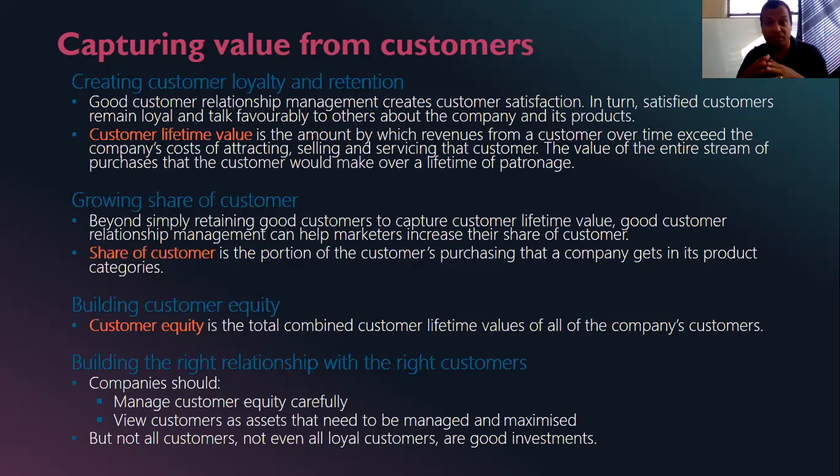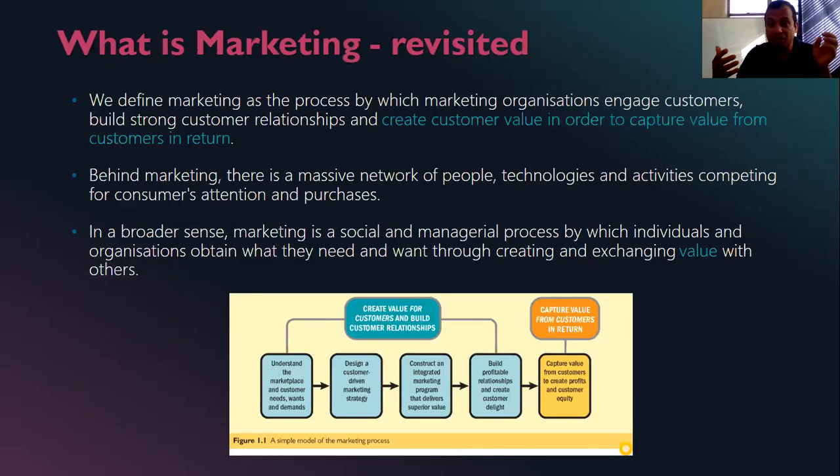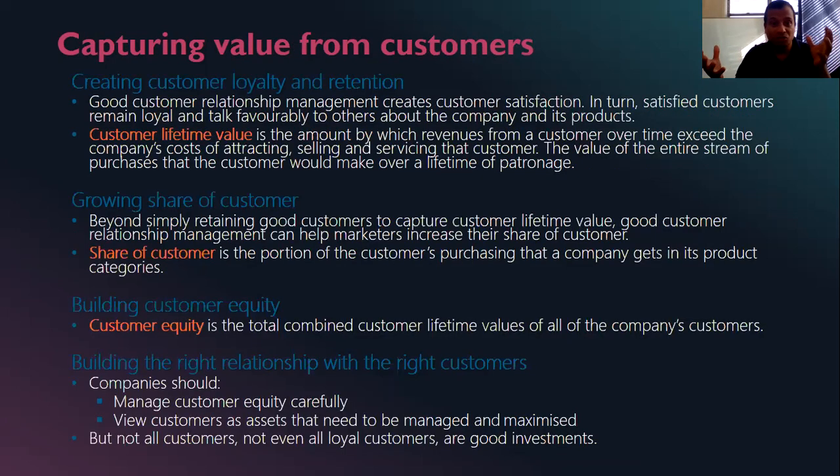I mean to say, if you have 10 different products, with each product you have the respective number of customers. Taking all those customers along with all the product lines, if you combine everything, that gives you some sense of what we term customer equity. So in order to calculate the value from the customer in return, you have the concept of customer lifetime value, the share of customer, or customer equity.